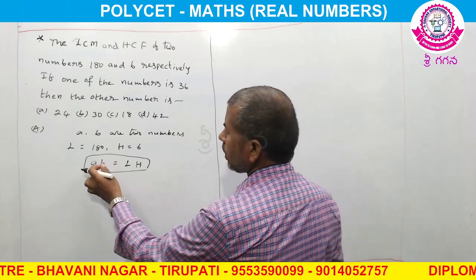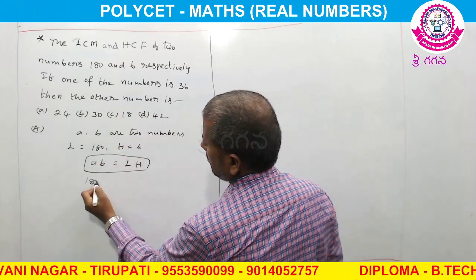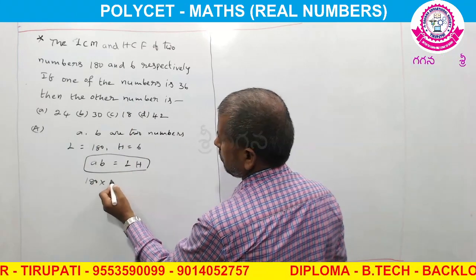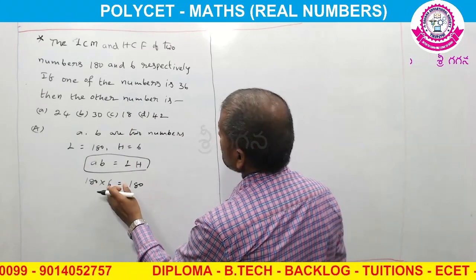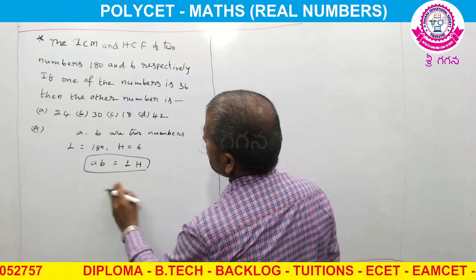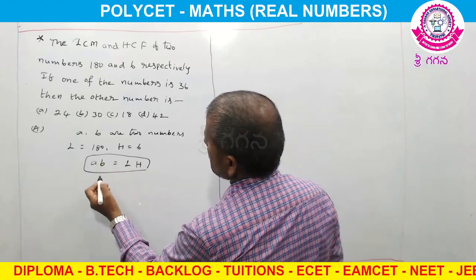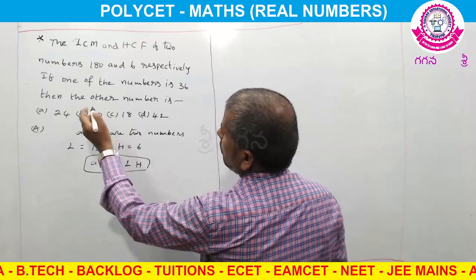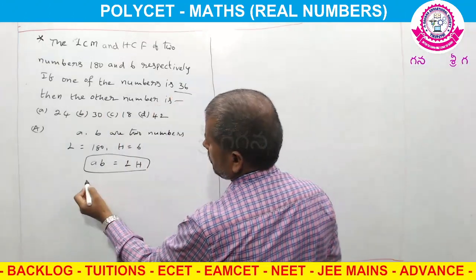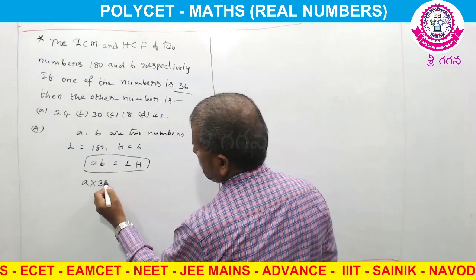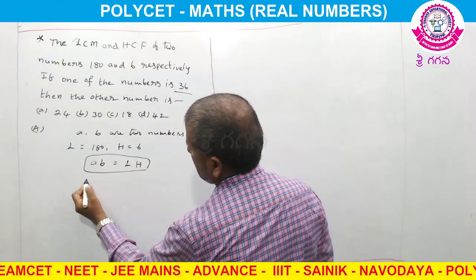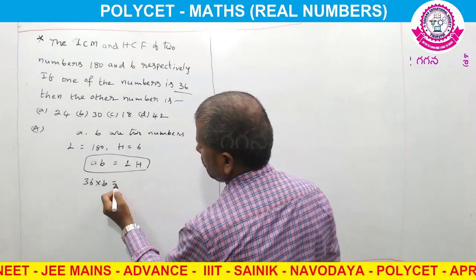Here, one of the numbers is 36. First number A is 36, and the second number B we don't know.